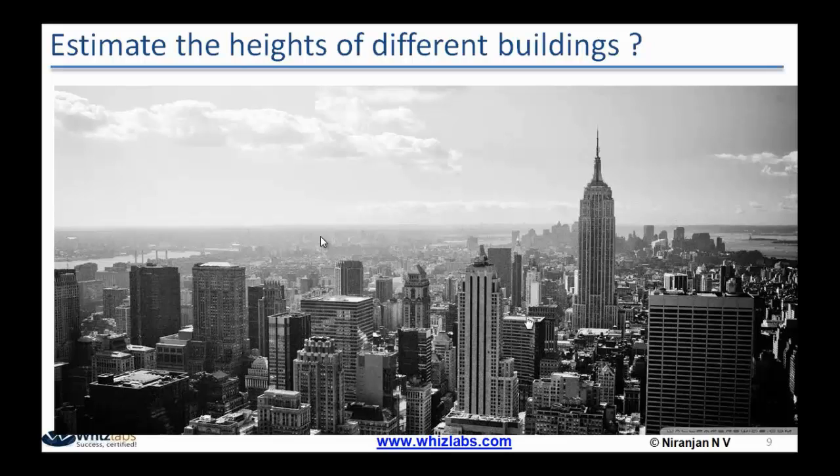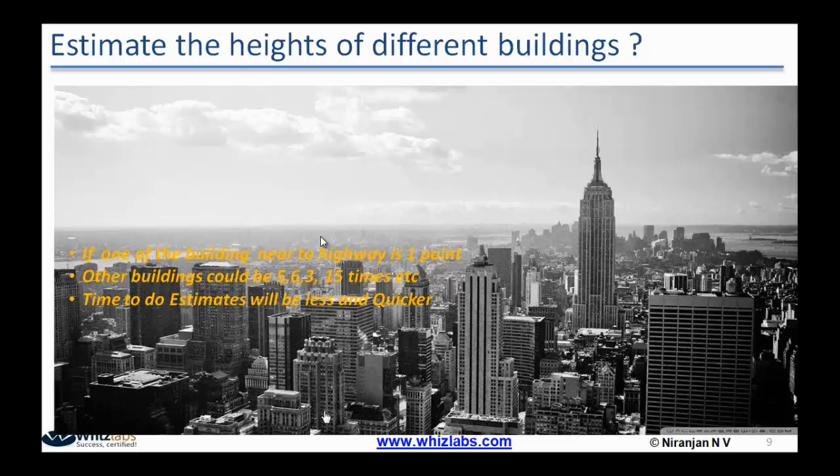Instead of that, I say, let us say this building, which is near where I have placed my cursor, is 1 point. Assume the height of this building is 1 point. Can you not estimate the height of other buildings relative to this? It is much easier.